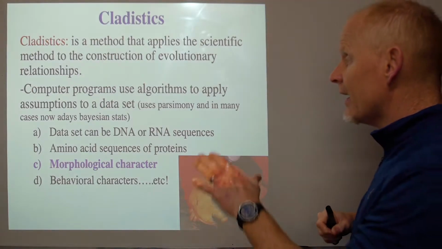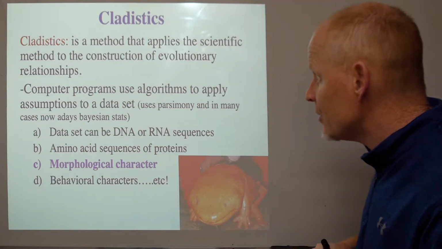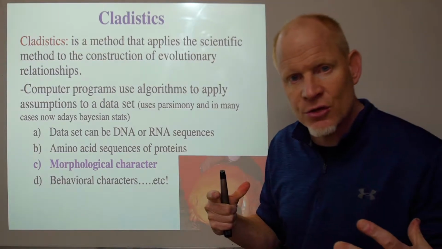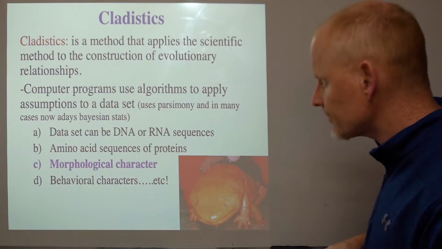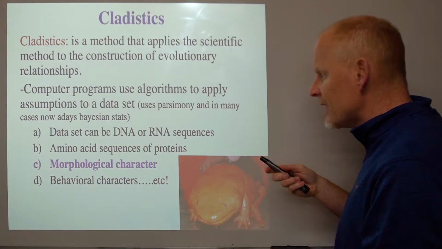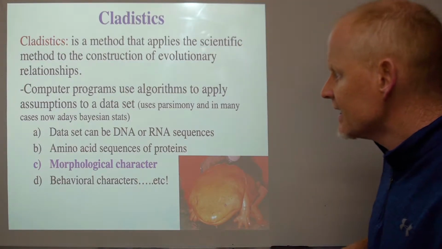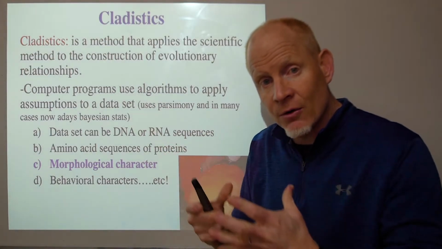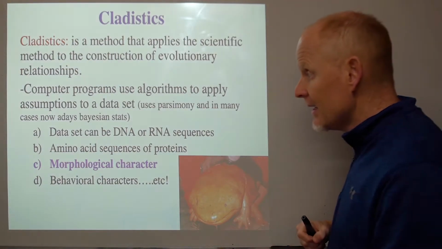And basically, because of the advent of these supercomputers, there is now the ability to use algorithms and really, really large data sets to try to figure out and group organisms based on ancestry. And we use what's called parsimony to build these trees, which is the least number of steps that it takes to get our tree made and to link organisms based on common ancestry and some of the common data points.